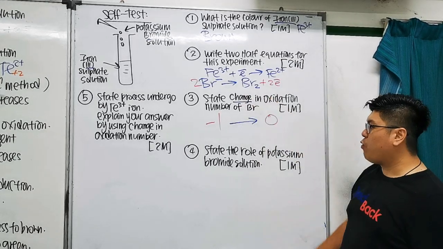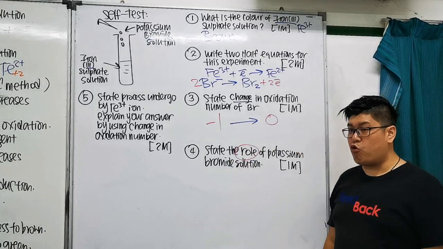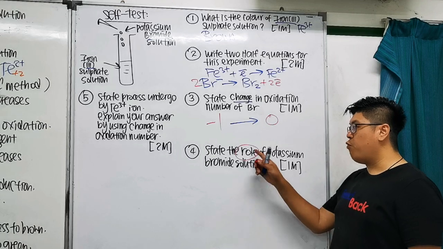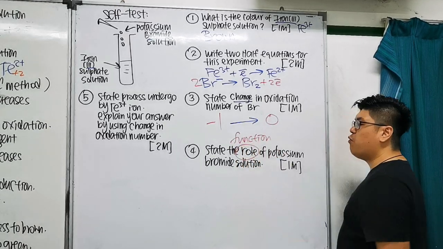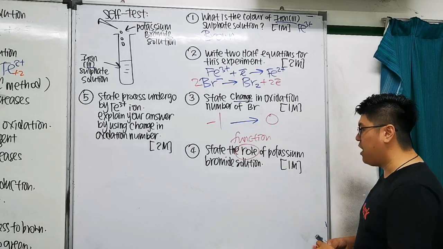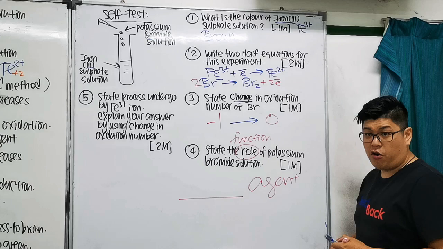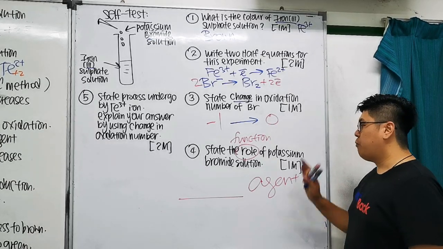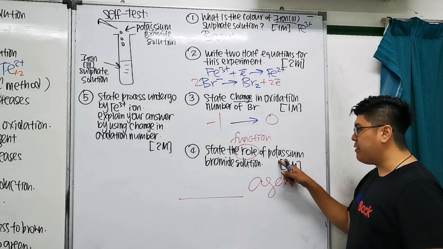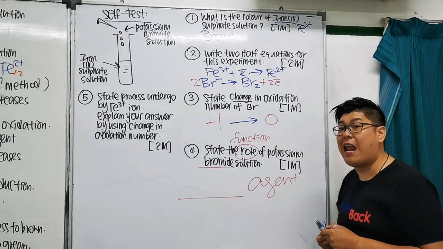Okay, next one. Tell me the role of the potassium bromide solution. Whenever you see the word role, sometimes they use the word function. When you see the word role or function in this chapter, it's all about what agent you are. When I ask you what is your role, what agent is it. So potassium bromide, do we learn potassium is what? No, but bromide is a group 17 ion, halide.